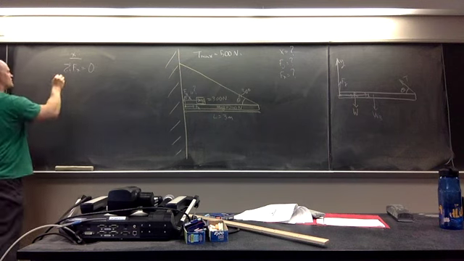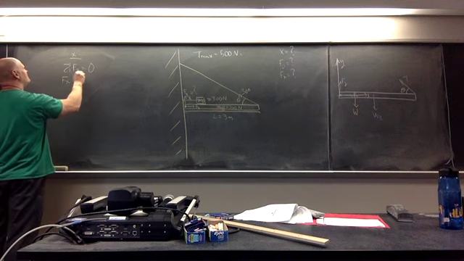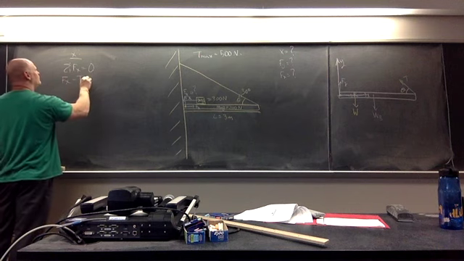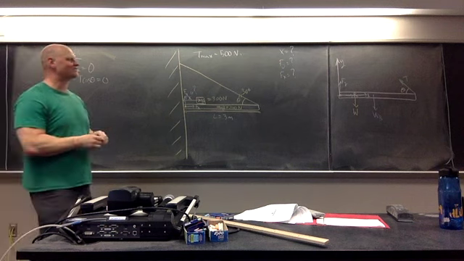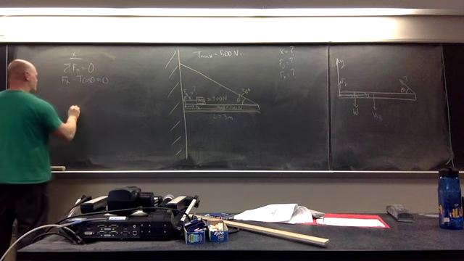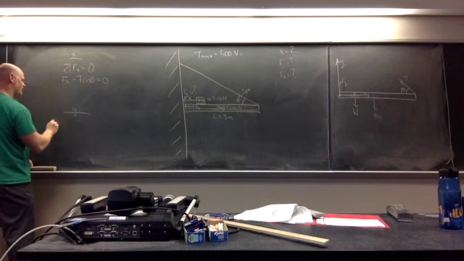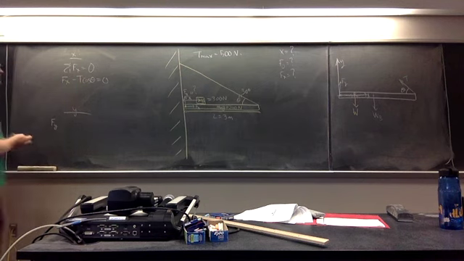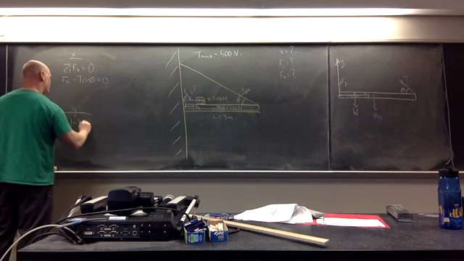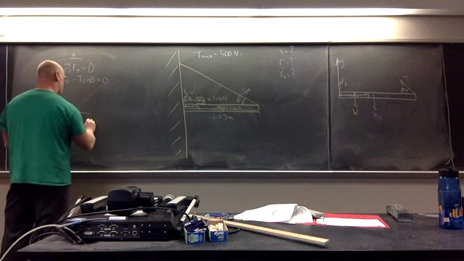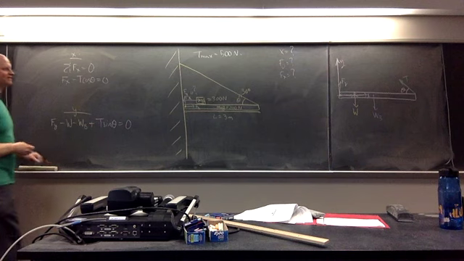In this case, the only two forces are the horizontal force on the hinge, call that Fx, minus the cosine portion of the tension force, since that is pointing in the negative x direction. In the y direction, we have Fy, the vertical force on the hinge, minus the weight of the block, minus the weight of the beam itself, plus the sine portion of the tension, all equal to 0.